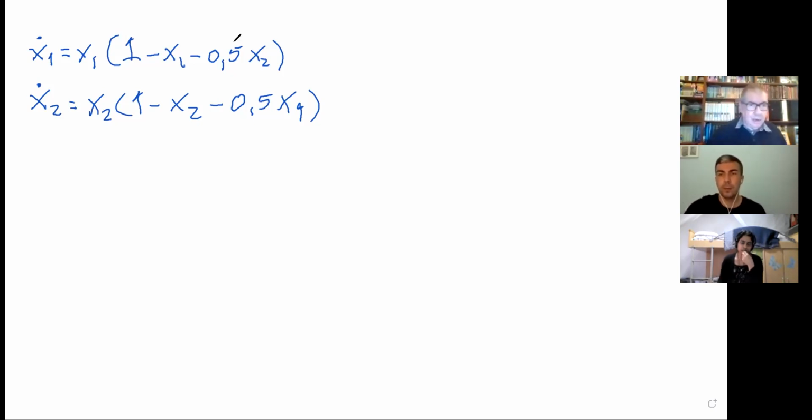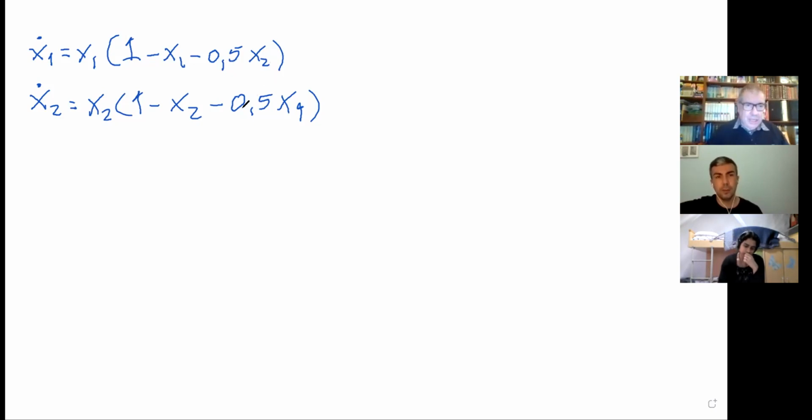Now, this other term means that you are also competing for the same resources with the individuals from the other species. Now, what is the more intense competition? Within the same species or with the other species? Within the same, because here you have minus 1 and here you only have minus 0.5.